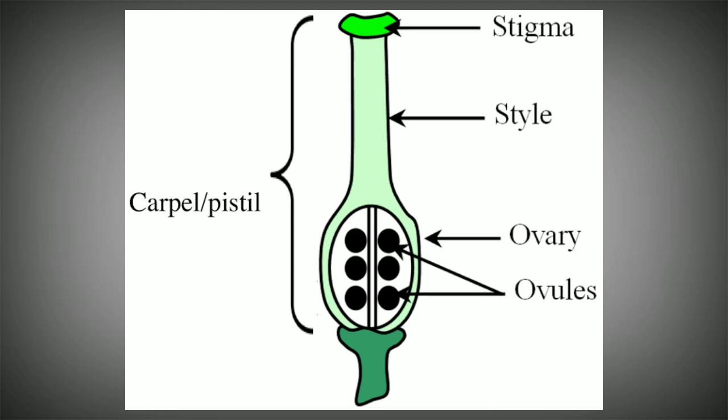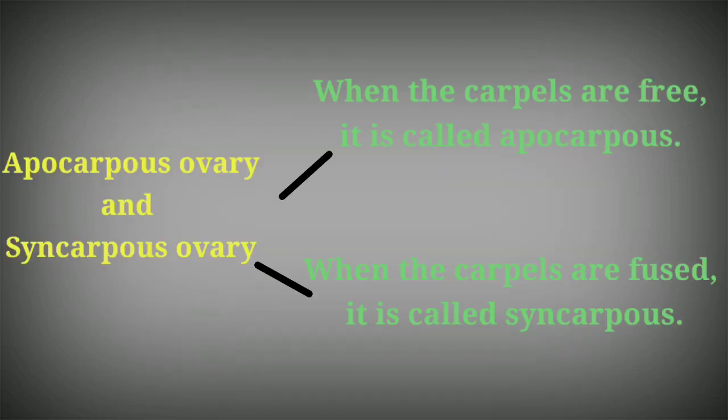Now again, on the basis of the different patterns of gynoecium arranged within a flower, there are certain terminologies. As for example, apocarpous: when the carpels are free from each other, it is called apocarpous.